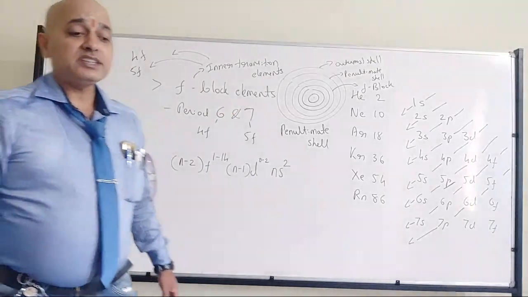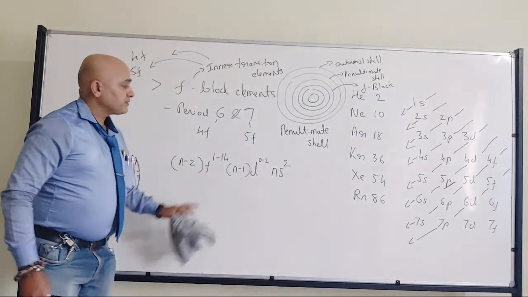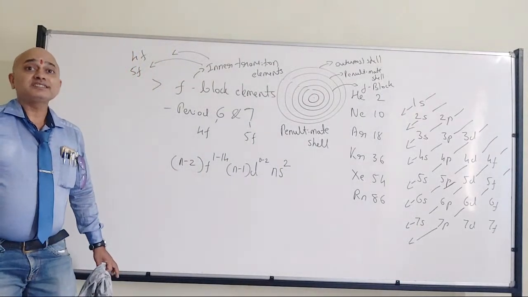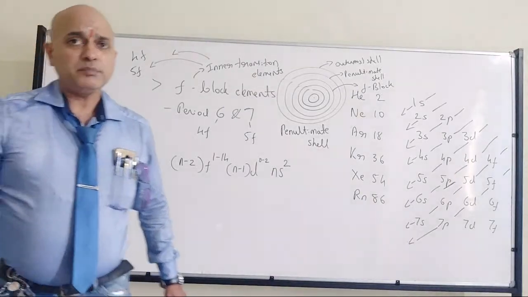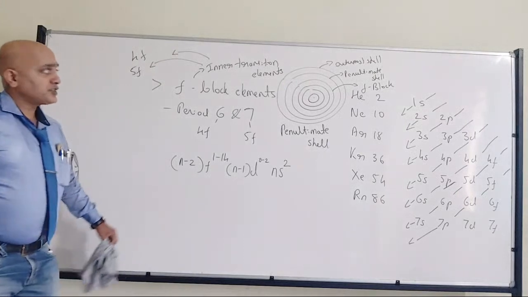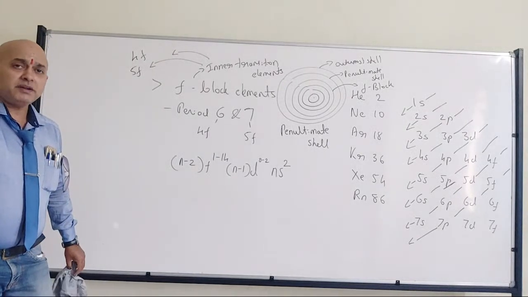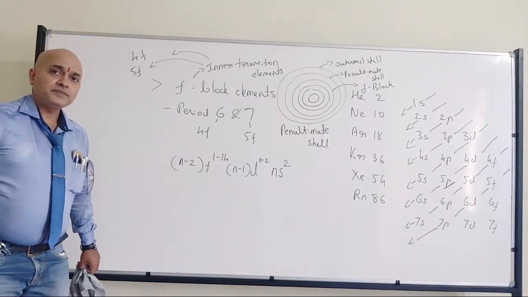All of you have understood? So this can be the general electronic configuration for inner transition elements. Only the outer electronic configuration, that's very important. This is the general outer electronic configuration for inner transition elements or f block elements. All of you have understood?